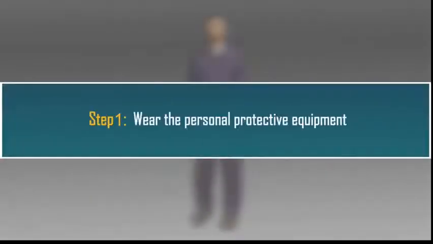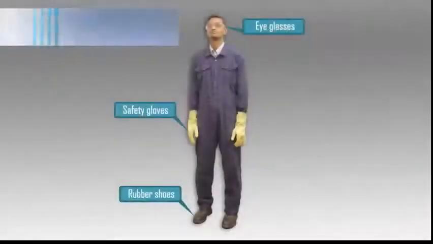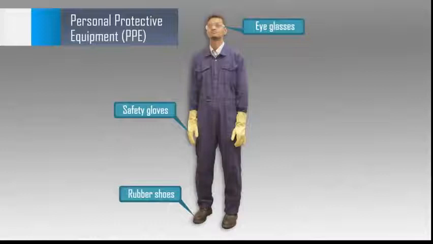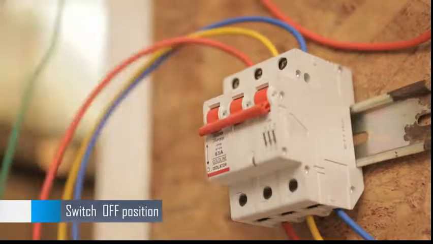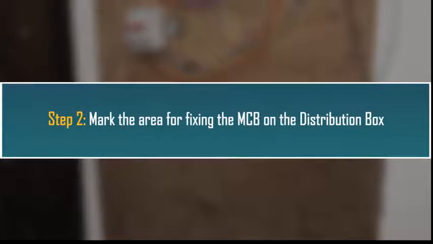Step 1. Wear the personal protective equipments. Switch off the main input supply. Step 2. Mark the area for fixing the MCB on the distribution box.